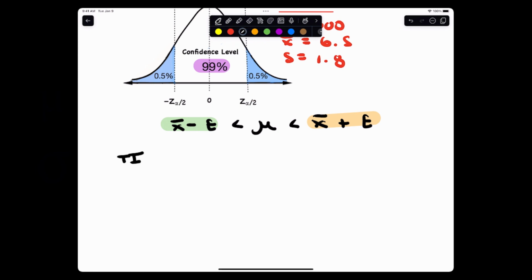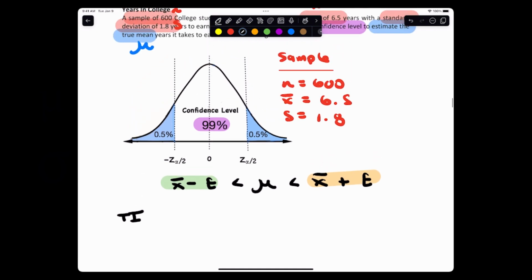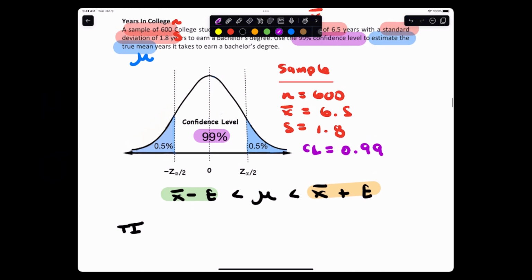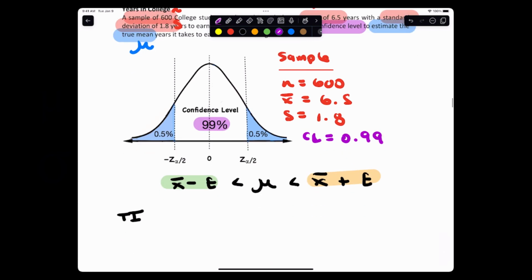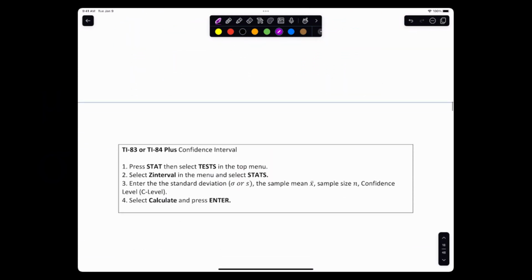Now, I want to remind people, the confidence level, I write down here too. I'll put CL, by the way, is 0.99. Why did I put 0.99? Because 1 is 100%. We changed 99% to a decimal. Good. And then, are you guys ready? Here's what you guys got to do in the TI.